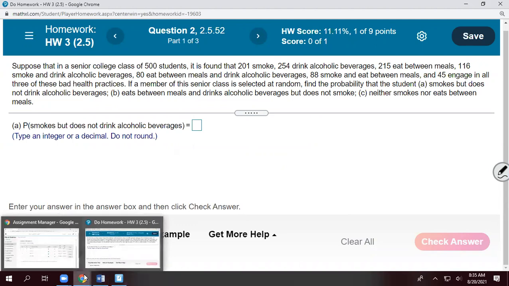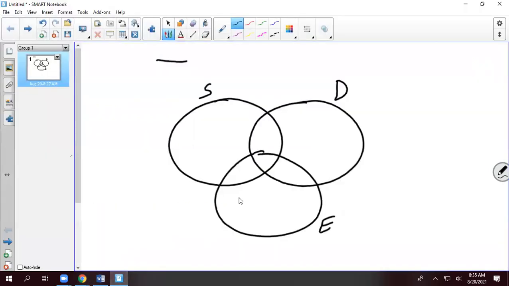The problem is that smoking is not just one portion, it's this portion and this portion. So let's call these X, Y, Z, U, V, W, and T.